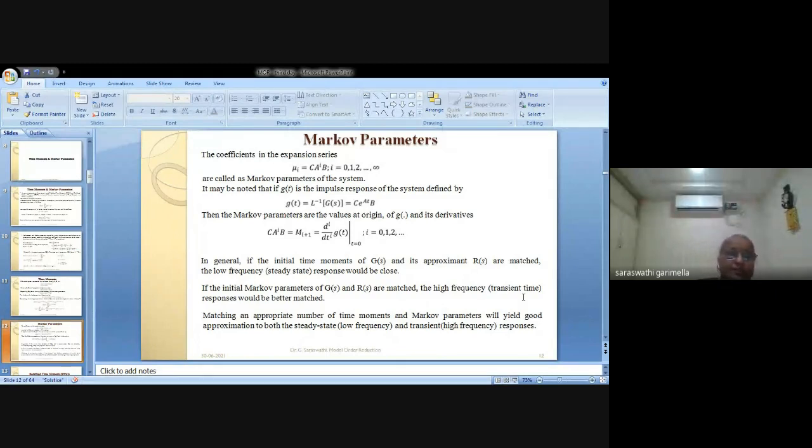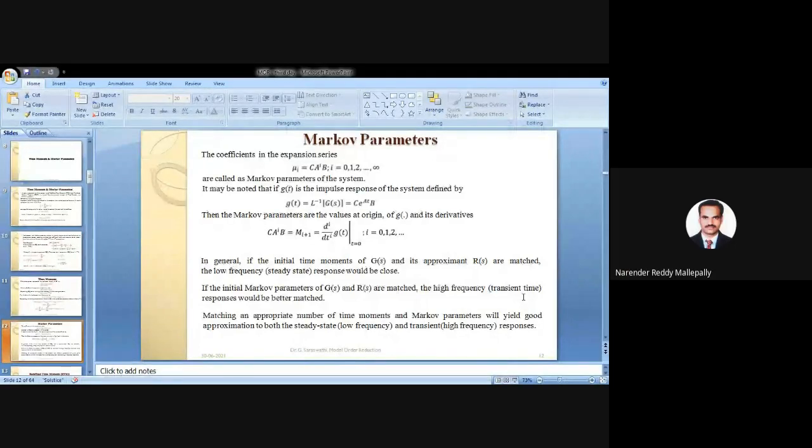So matching an appropriate number of time moments and Markov parameters will yield a good approximation to both steady state and transient responses.